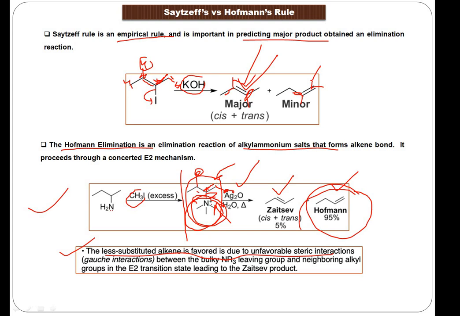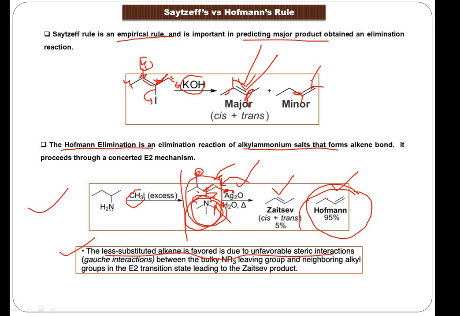If it comes from the other area, the base will face the steric repulsion of this quaternary ammonium group. That's why elimination happens from this side, because steric interaction is less. So in the case of quaternary ammonium salts, when you heat them with silver oxide, you get the least substituted product in the major amount.